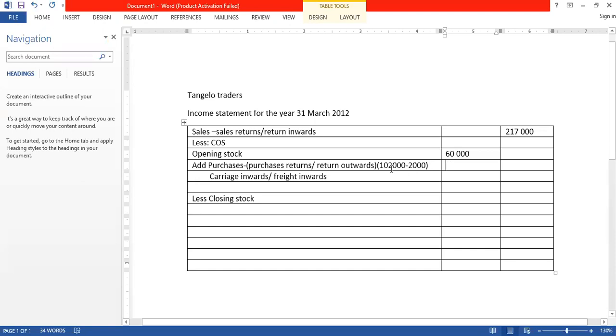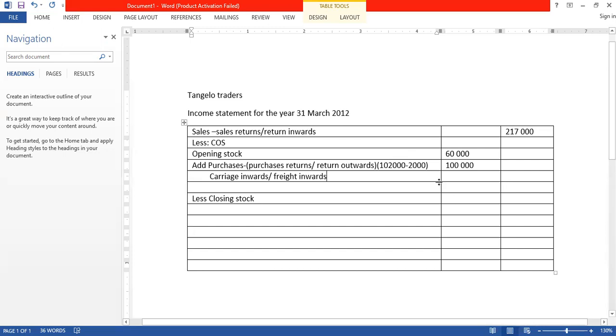So 102,000 minus 2,000 will give us 100,000. Do we understand, or are there any questions before we move on? Okay. We understand that one. So there's no carriage inwards. Looking at this exercise, there was no carriage inwards, so we leave it.